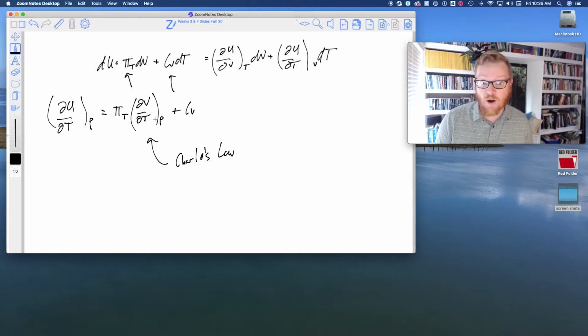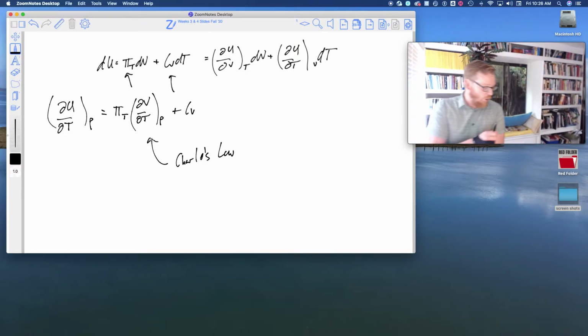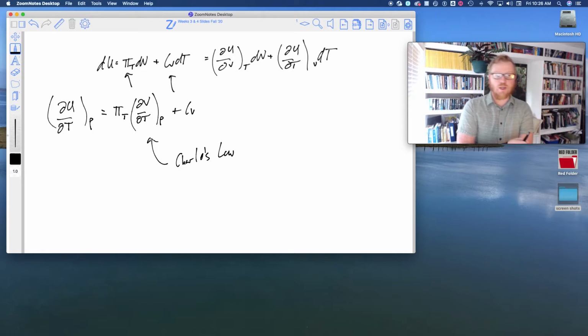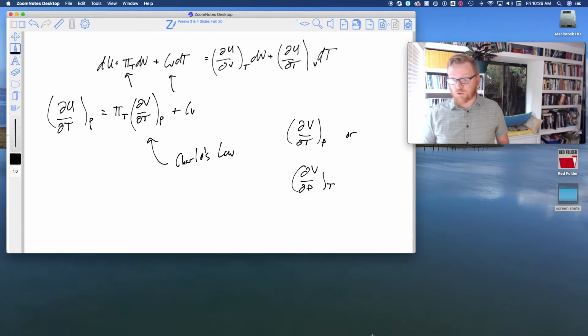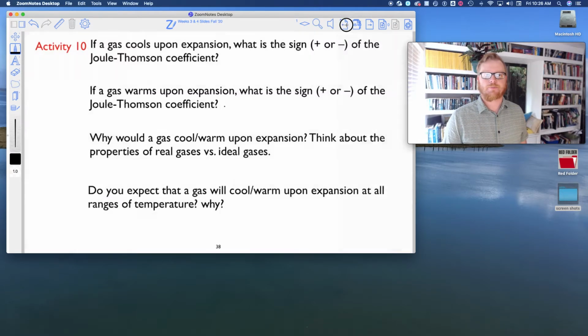They are a manifestation of thinking about how the volume changes with respect to temperature at constant pressure, or how the volume changes with respect to pressure at constant temperature, if I switch the order of those two parameters.